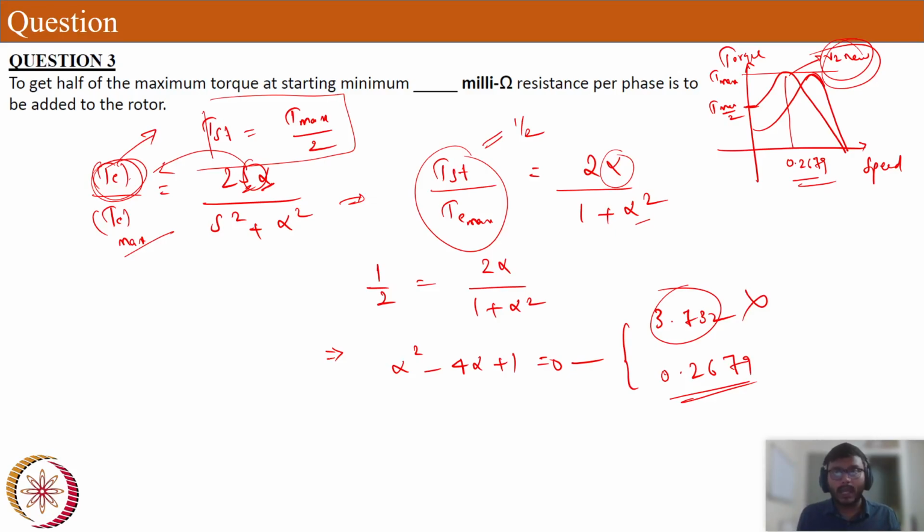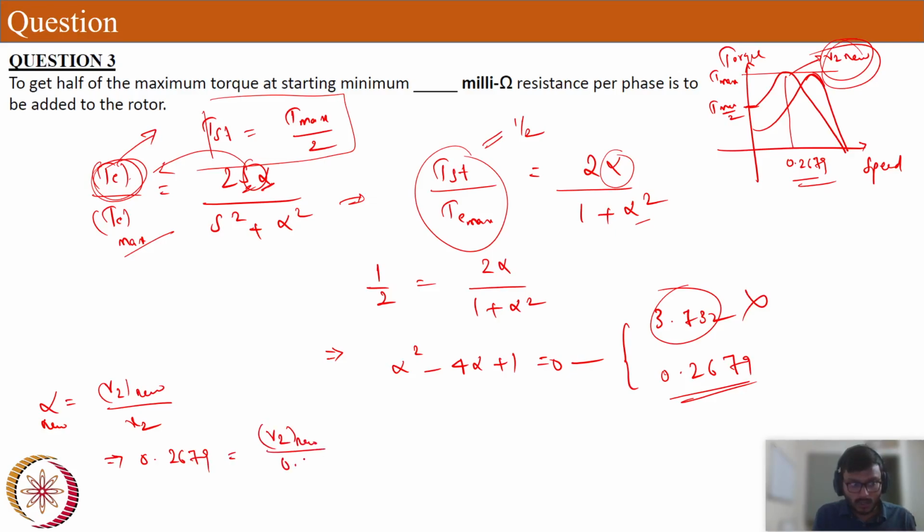Okay, now what we have to calculate? The new resistance. But we know the alpha formula: alpha new is equal to R2 new divided by X2. Now 0.2679 is equal to R2 new divided by X2, and X2 is 0.5.